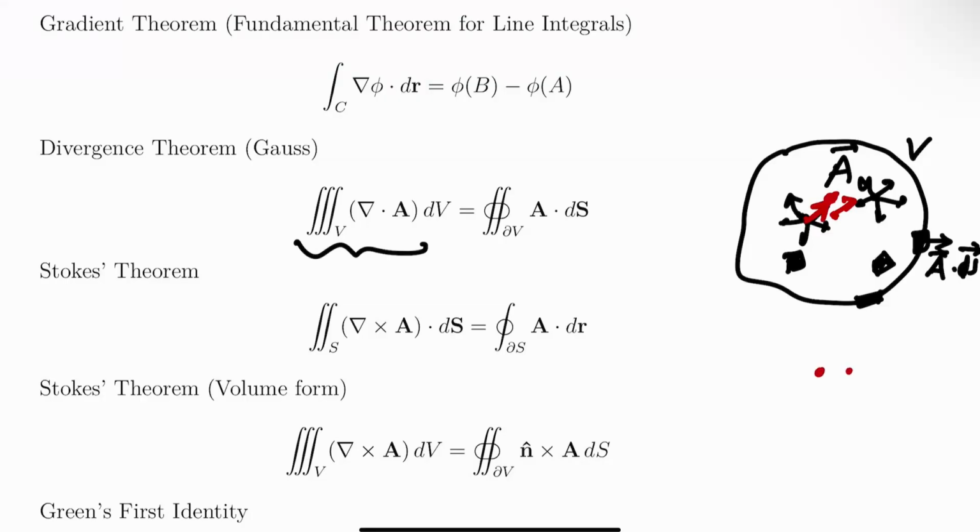Take a point here, this divergence is this way, this divergence is this way. Eventually you cancel out all these internal contributions, and you're left with nothing but a surface contribution, where there's nothing to cancel it on the surface, so it just leaves. And that's the idea behind this divergence theorem.